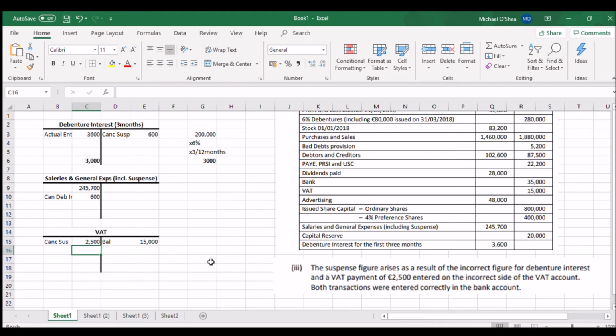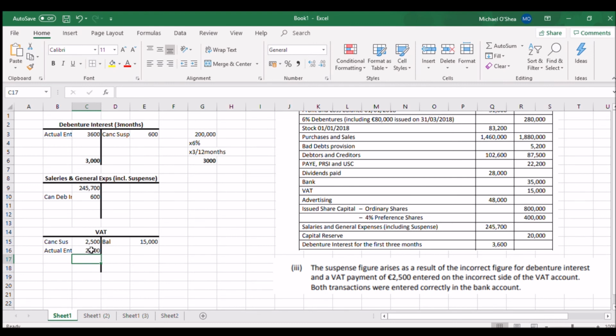But where should it have gone? It should have gone on the debit side here, 2,500. So all this 2,500 has done is cancel the mistake. I now need to enter the actual entry, 2,500, where it should have gone. Basically, it has to go in twice.